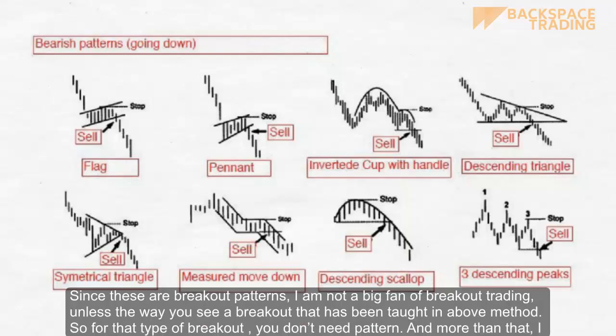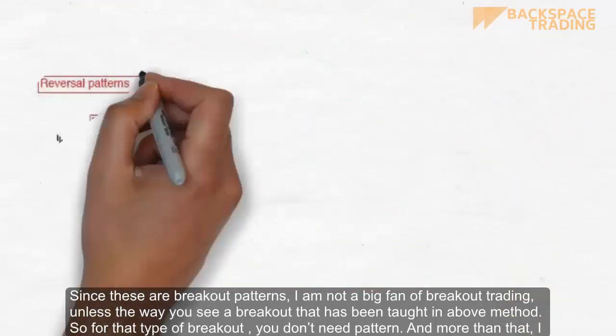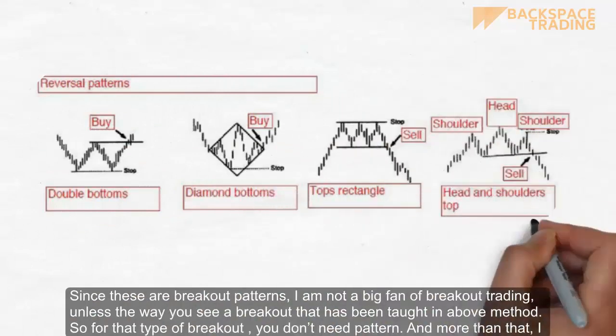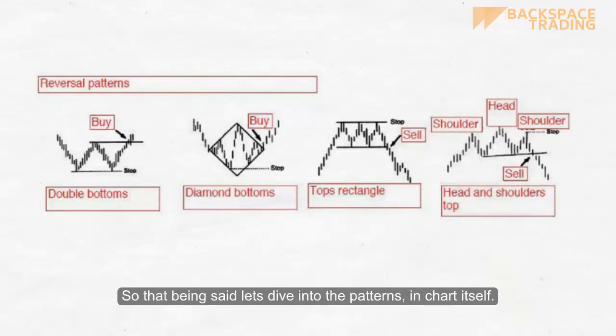Since these are breakout patterns, I am not a big fan of breakout trading unless the breakout is the way taught in the above method. So for that type of breakout you don't need a pattern, and more than that I am a pullback trader. So should you also become hereafter, since you are the elite class who is undergoing this course, right? So that being said, let's dive into the pattern in the chart itself.